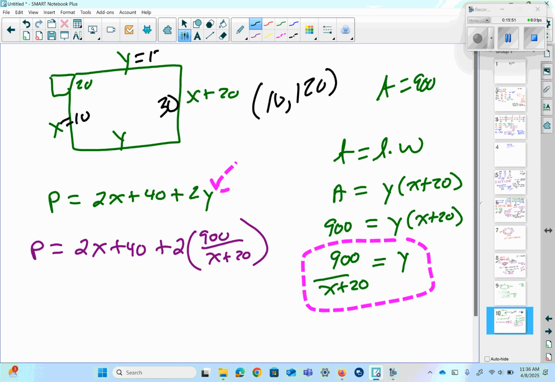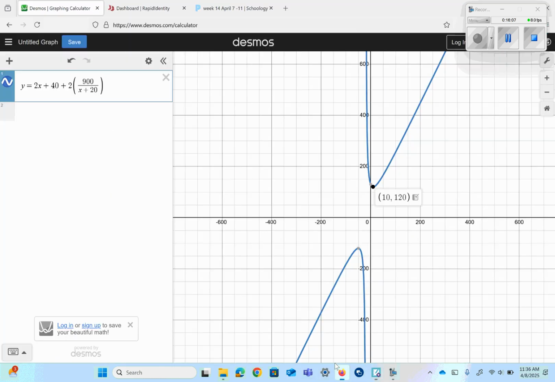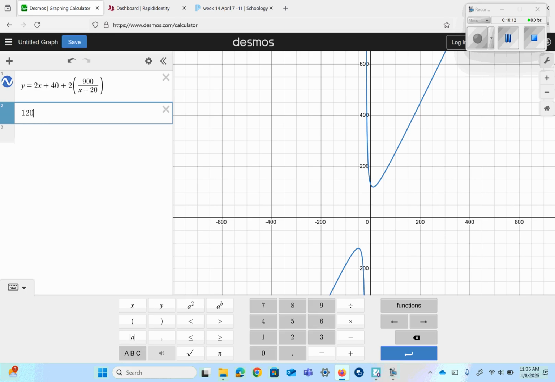I know that's 120. And we want the area to be 900. So we're going to go 120 times 30. No? It's not 900. It's 3,600.